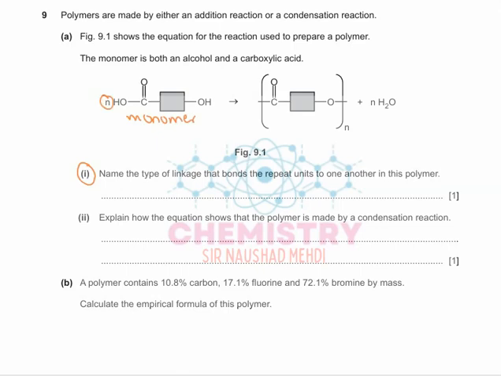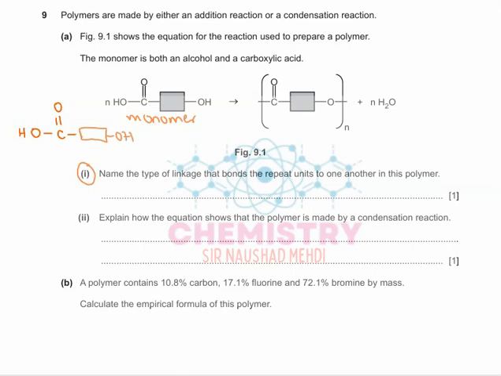So this monomer has two groups. One is the OH alcoholic group, and the other group is your carboxylic acid group, C double bond O and OH group. So when this monomer combines to form a long chain of polymer, how would the polymer be formed? If I redraw this monomer again over here one more time like this.